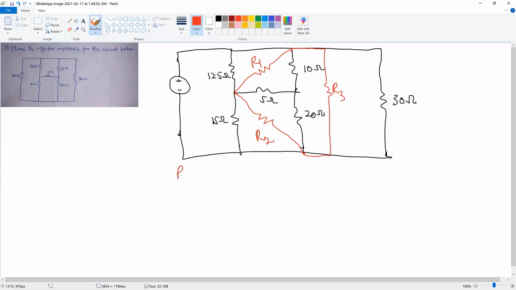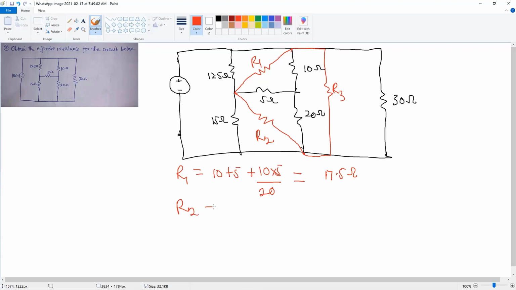To find R1, we can see that we have 2 resistors that are directly facing R1. So we have the 10 plus the 5 plus 10 times 5 divided by the resistor that we did not use, that's 20. And this will give us 17.5 ohms.